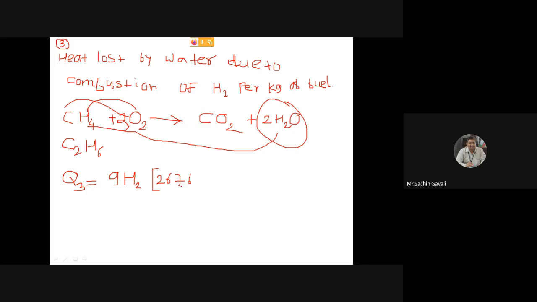9H2 into bracket 2676 plus Cps into bracket, T superheat minus 100, minus hw. The only thing is that hydrogen is converting into water, and that water is again converted into steam.